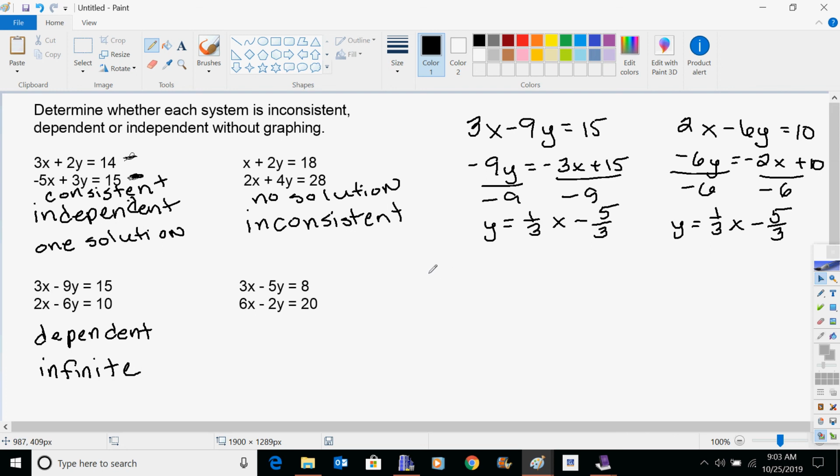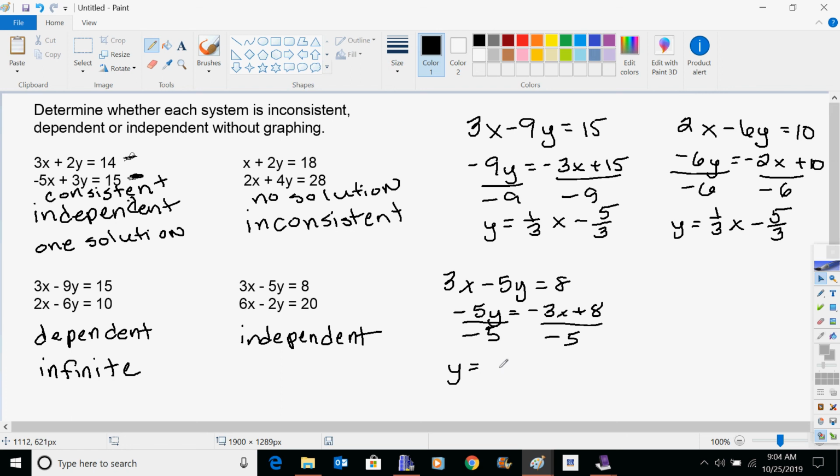And then finally our last one. I'm hearing from you that it's independent, but let's just really quickly do the work to make sure that we know why. So 3x minus 5y equals 8. Negative 5y equals negative 3x plus 8. Divide by -5.